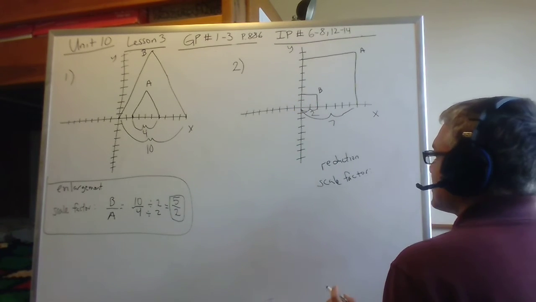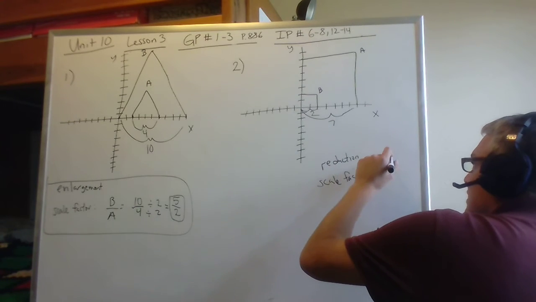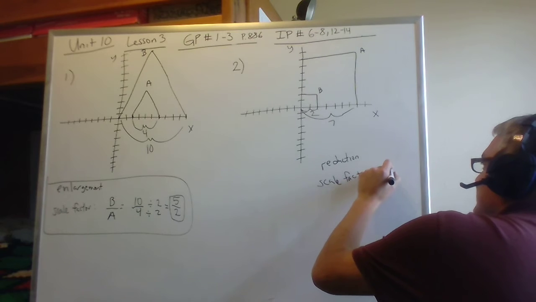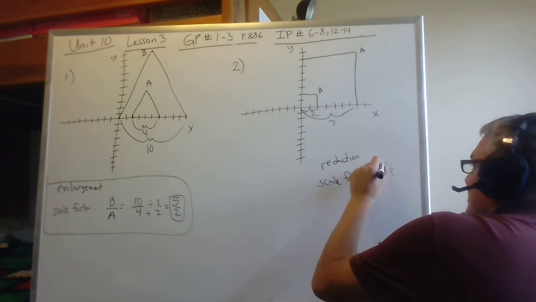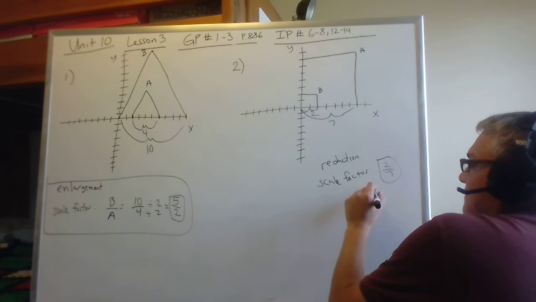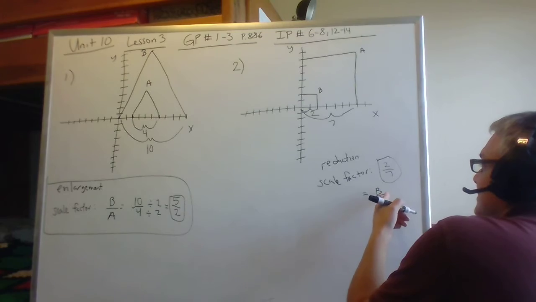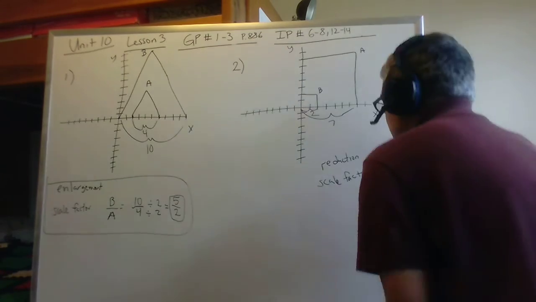So since it's a reduction, we know that we're going to have the ratio be less than 1, so that's going to be 2/7. Again, we have the B over A sides, and that's going to give us 2/7.